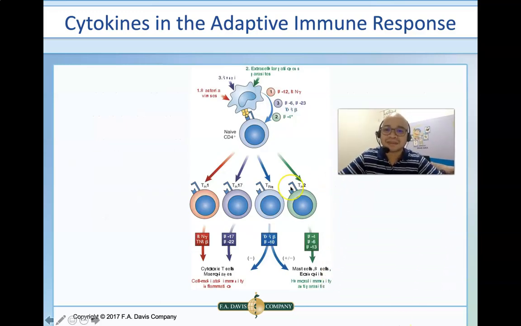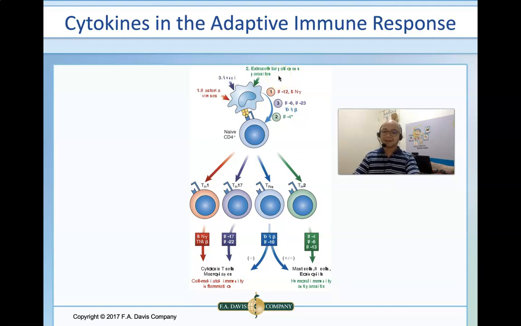Okay, so this particular illustration will show the subpopulation of cells. You have here the antigen presenting cells, which could encounter different pathogens such as bacteria, viruses, fungi, extracellular pathogens, and parasites.